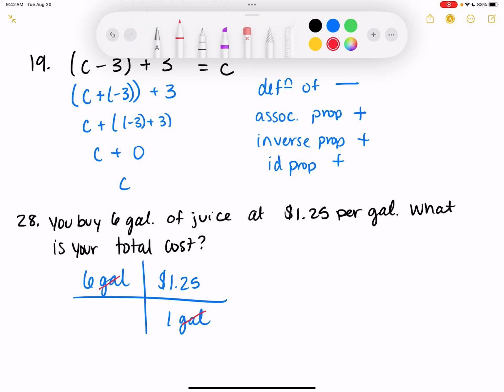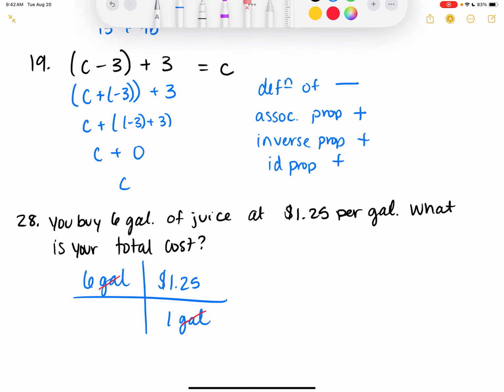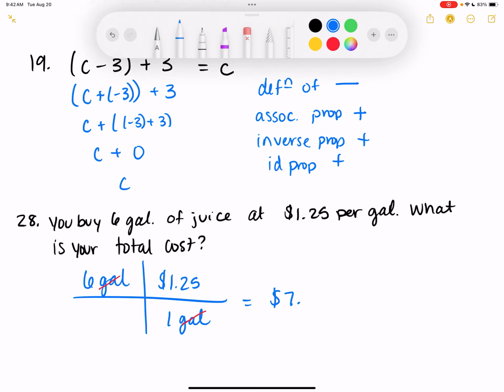And so then anything on the top I multiply, anything on the bottom I divide. So it's going to be 6 times $1.25. And what is that? $7.50. Yep, $7.50. And if stuff is money, make sure you pay attention to that and put the dollars and then 2 decimal places because money is always 2 decimal places.